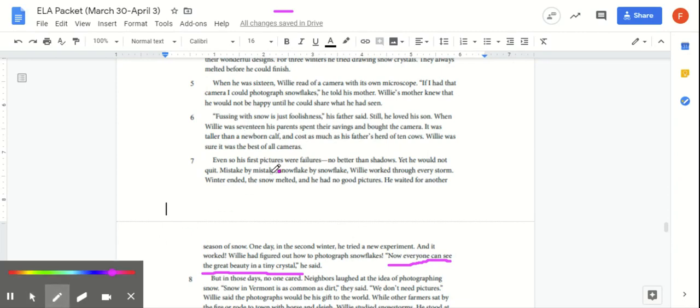Once you've read that paragraph, you can see that there's evidence that Willie was willing to spend his money.